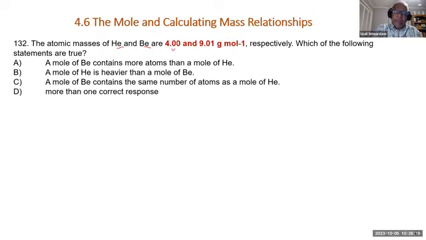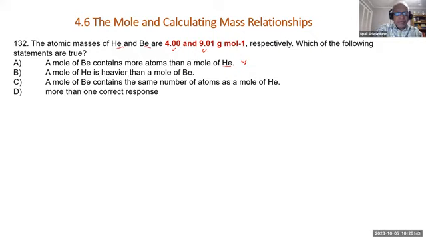Atomic masses are given. Helium has 4.0 and beryllium has 9.01. Which of the following is true? 1 mole of beryllium contains more atoms than helium. That's not true. 1 mole has the same number.